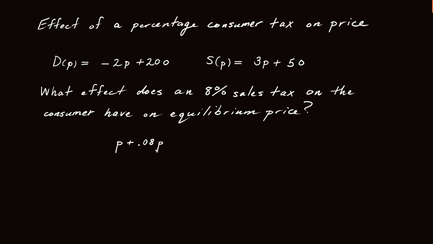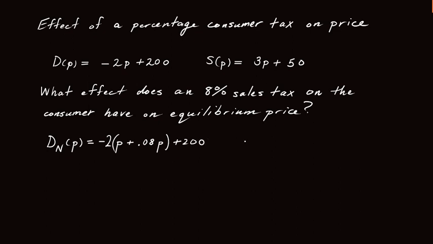So this is the new price in effect for him, and this affects how much he buys based on the old demand equation. In particular, the new demand equation, dN of P, is equal to minus 2 times this new price plus 200. That's his new demand equation.